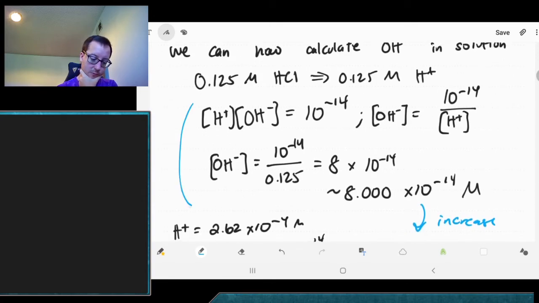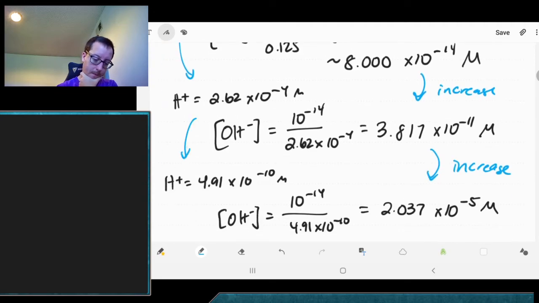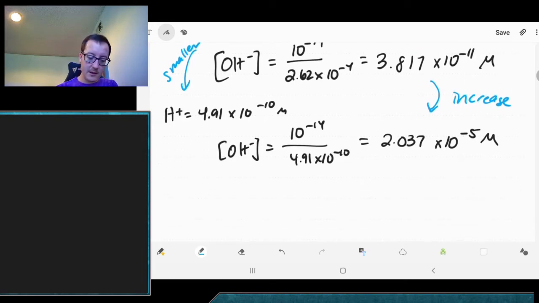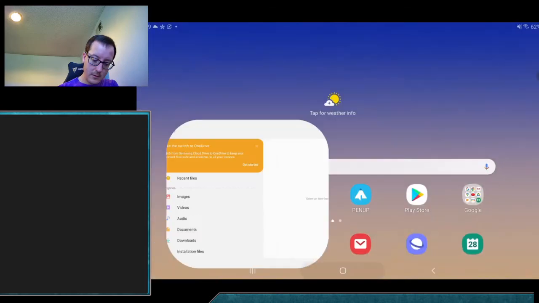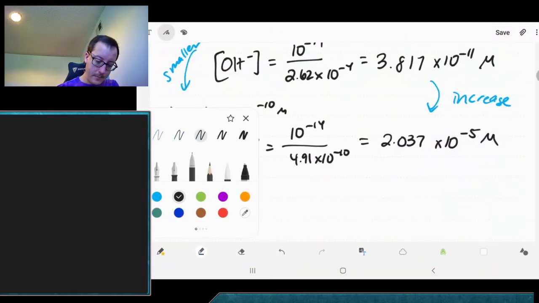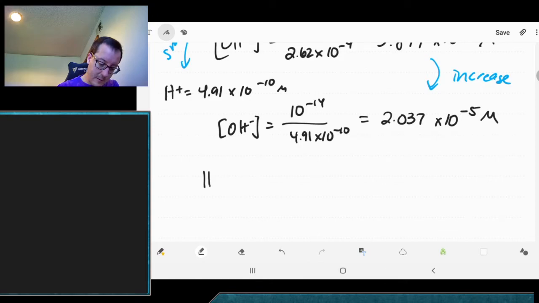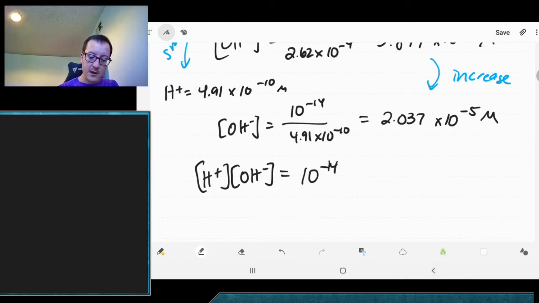And we can already tell, if we have them multiplied equal to a constant, as hydrogen goes up, OH minus goes down, and vice versa. So these are inversely proportional to each other.